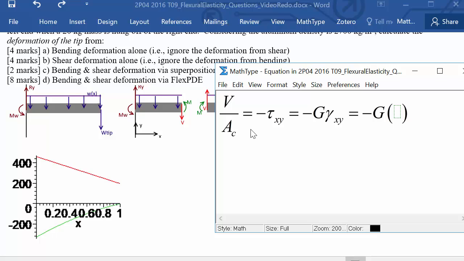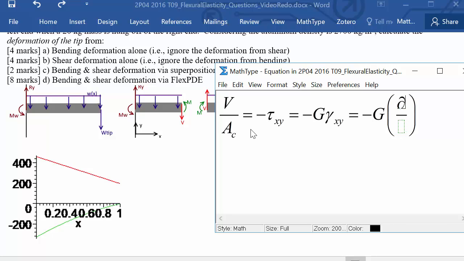So this is the displacement per step in the X direction, the displacement in the Y direction. So the change in the Y displacement per step in the X direction using our typical symbols that we're using for these things.